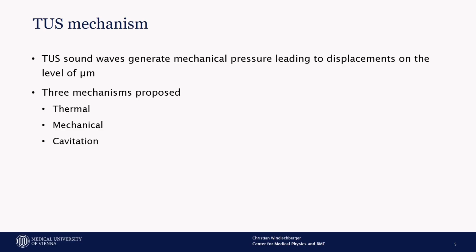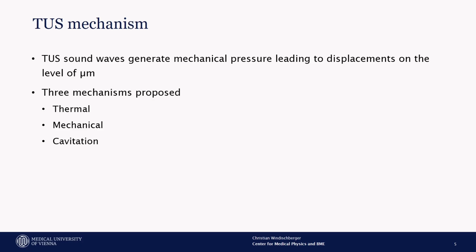This is what you have probably all heard about in tremor treatment, where by ablating two very small parts in the thalamus, this helps patients suffering from tremor. In low-intensity focused ultrasound, we are not using thermal effects at all. In fact, we are really trying to keep the temperature rise at the focal spot below a degree centigrade.